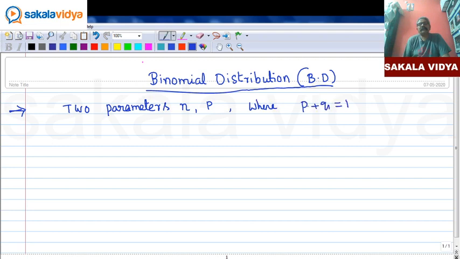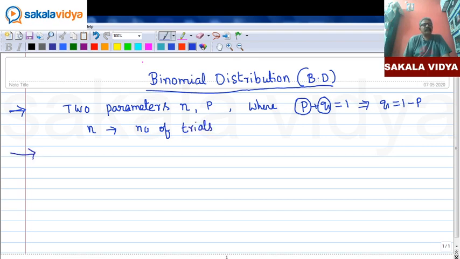This p stands for probability of success, q stands for probability of failure. So if p is given, q you can find out as 1 minus p. Here n is called number of trials.